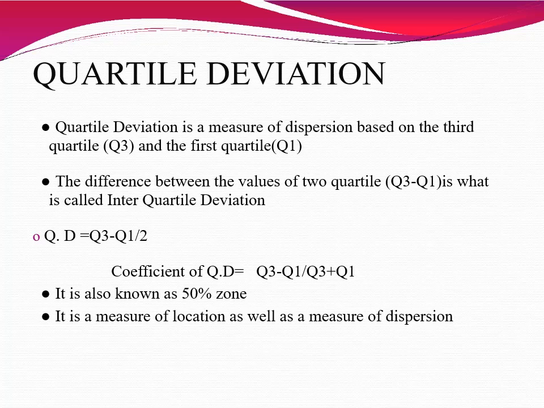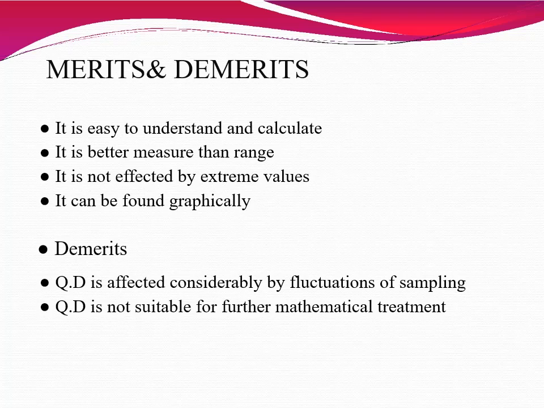It is again the ratio of QD to half of the aggregate of minimum and maximum quartile values. The formula says Q3 minus Q1 divided by Q3 plus Q1. It is also known as a 50% zone. It is a measure of location as well as a measure of dispersion.